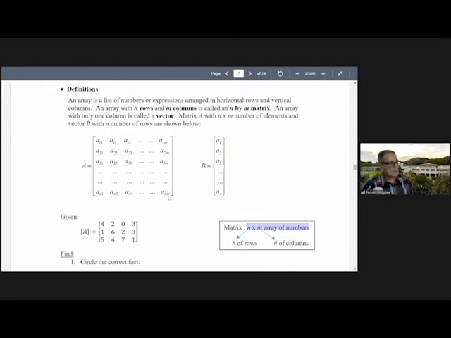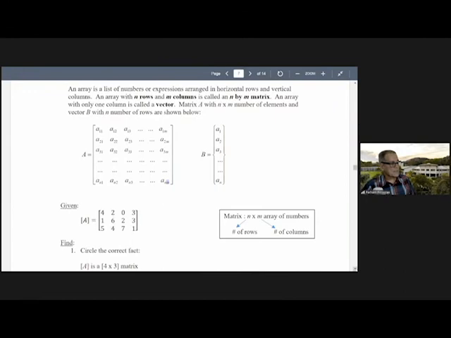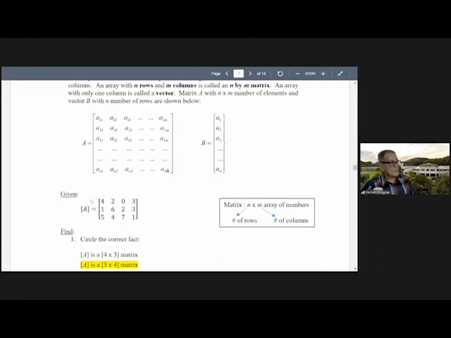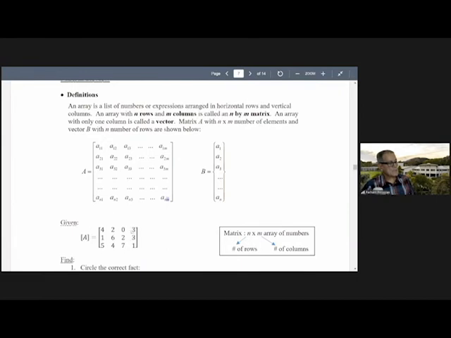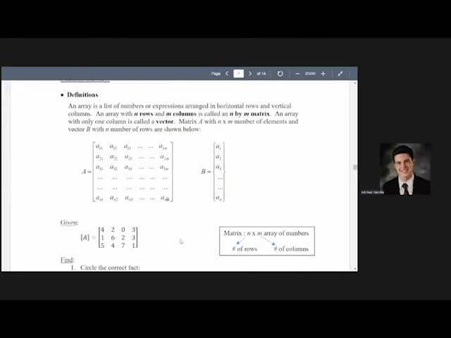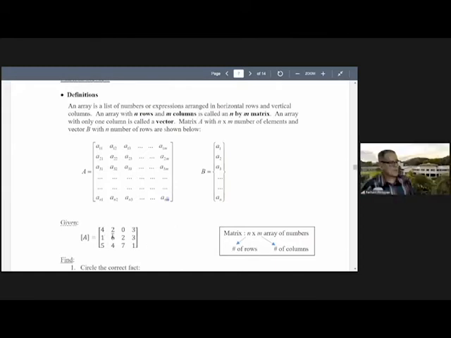You see an n and an m here: the first n refers to the number of rows, and m refers to the columns. So if somebody asked, first of all, what is the size of this matrix? What would you say? Question for you. 3 by 4. 3 by 4, very good. It has 3 rows and 4 columns.